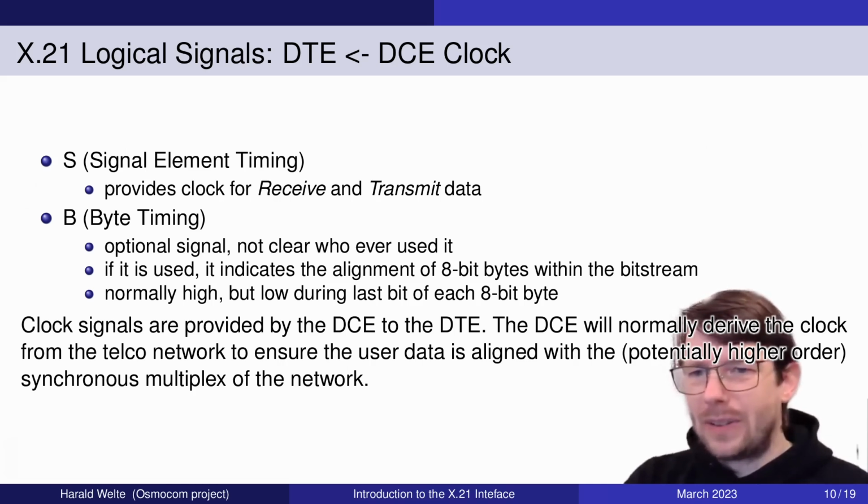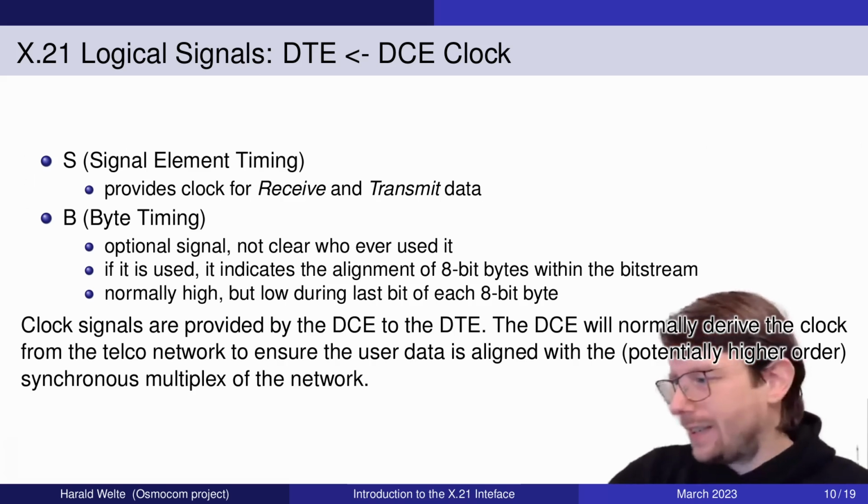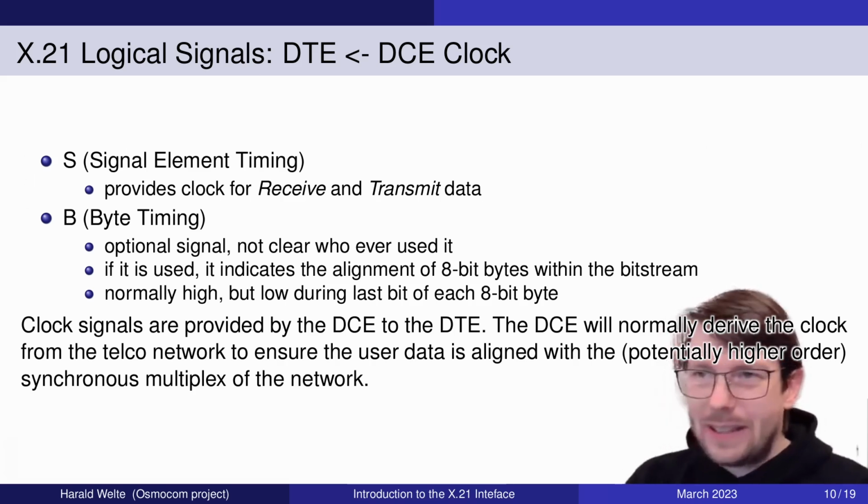In those networks where the B signal is not used, there is basically no known alignment of bytes within the bit stream that's communicated on the T and R signals, which is fine since, for the user data, it's a transparent bit stream. Why would anyone care where the bytes are starting?